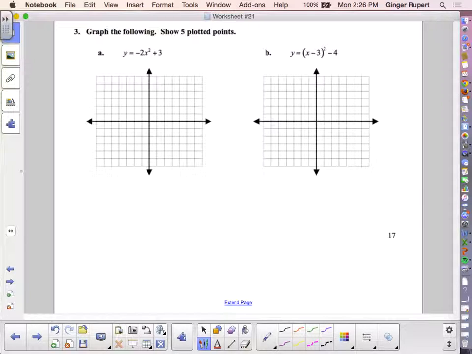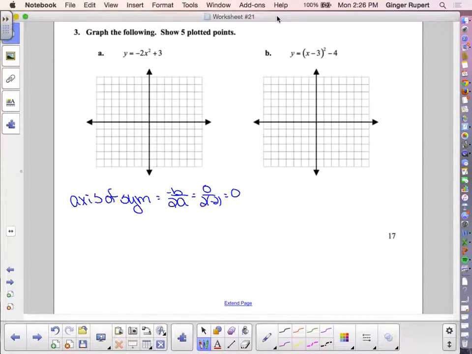I think we'll look at the axis of symmetry first. Remember, that is minus b over 2a. In this case, b is 0 over 2 times negative 2, which is 0. So that means my axis of symmetry is right here at x equals 0.